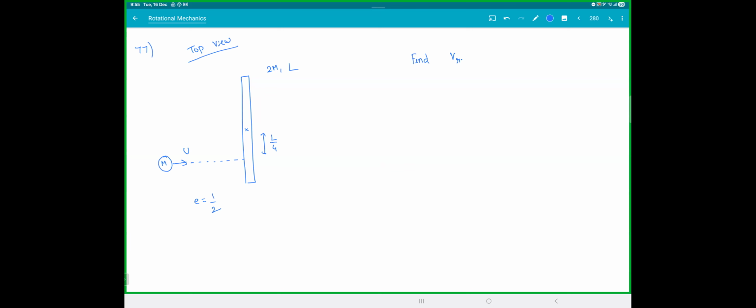Find the velocity of the rod, omega of the rod, and velocity of the ball after collision. You're hitting at L by 4, not at the end of the rod. Others, do keep your cams on.